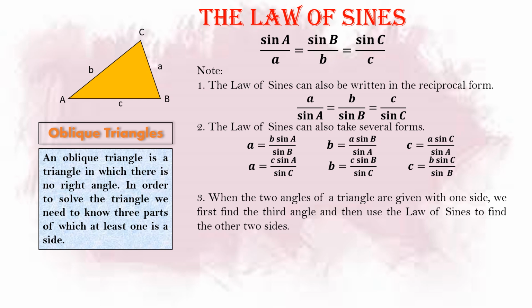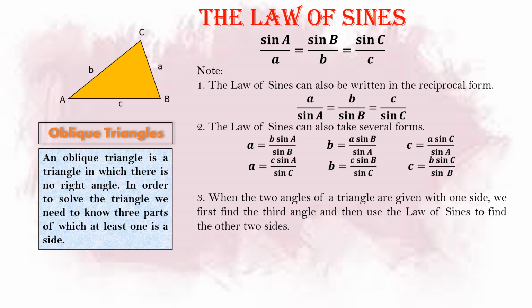Again, in a triangle, if there are two angles na given, kailangan nyo muna hanapin the third angle. Okay? We need to find first the third angle. And then let's use the law of sines in finding the two other sides.